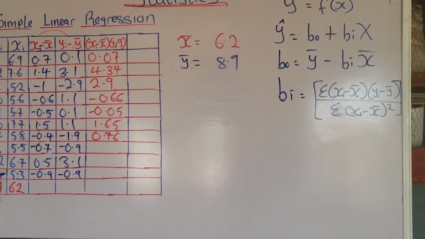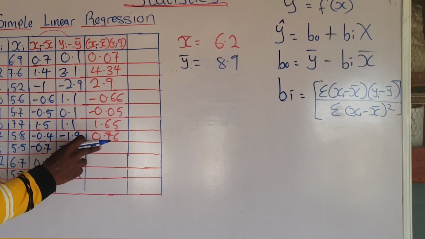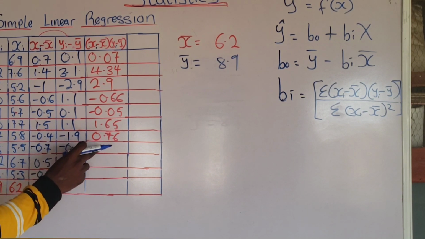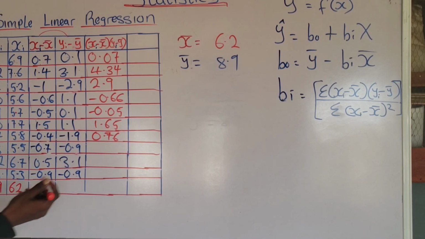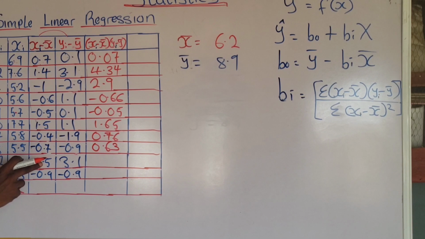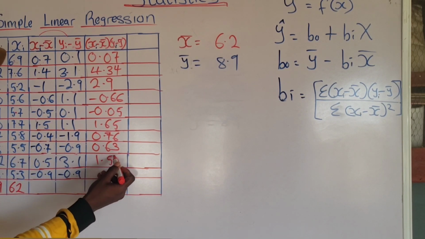Okay, let's proceed. This is negative 0.7 multiplied by negative 0.9. Negative 0.7 multiplied by negative 0.9, that is 0.63. For this, 0.5 multiplied by 3.1, that is 1.55.